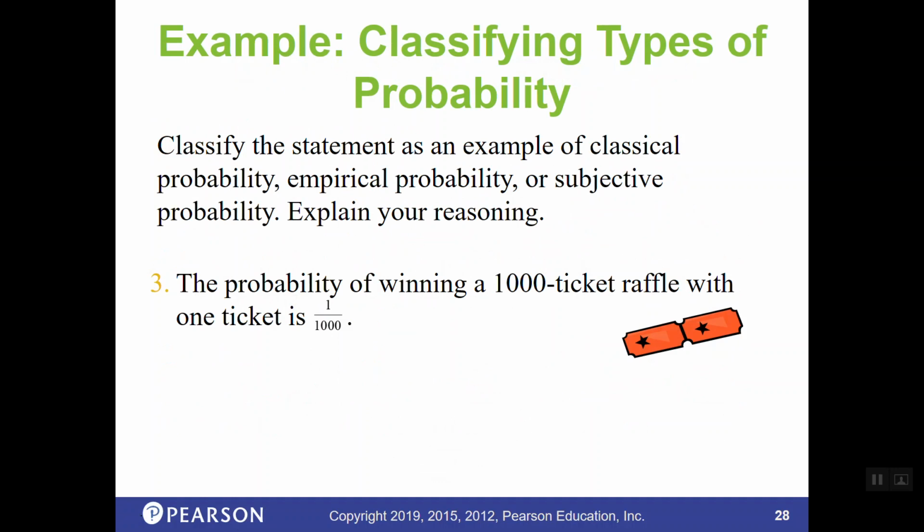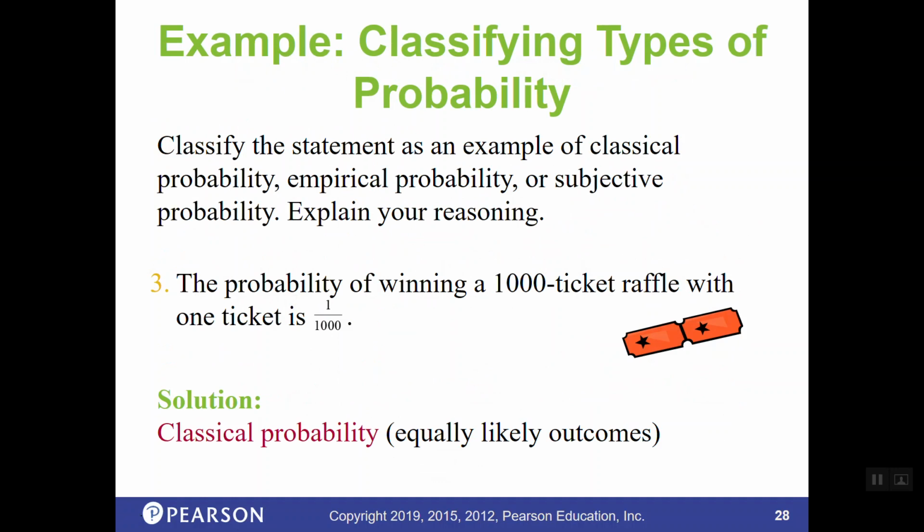Third one, the probability of winning a $1,000 ticket raffle with one ticket is 1 in 1,000. Okay, it's usually lower than that, by the way. That one will not be that bad. So this one will be a classical probability. That's what will usually happen, and these tickets are equally likely to be selected.